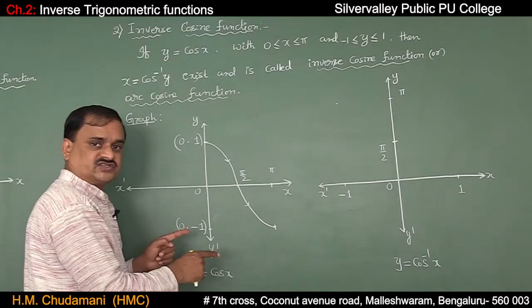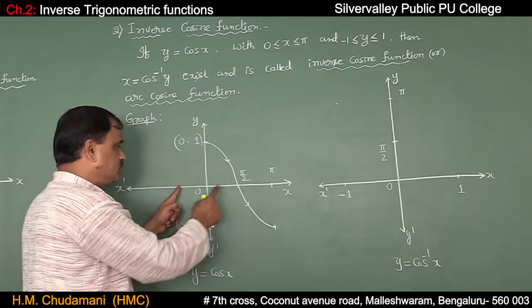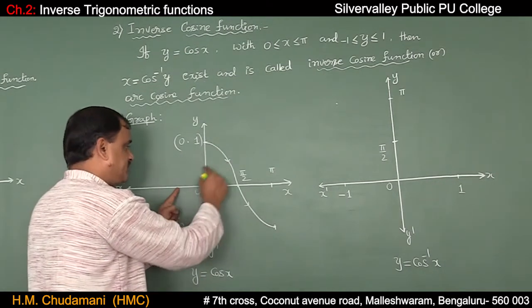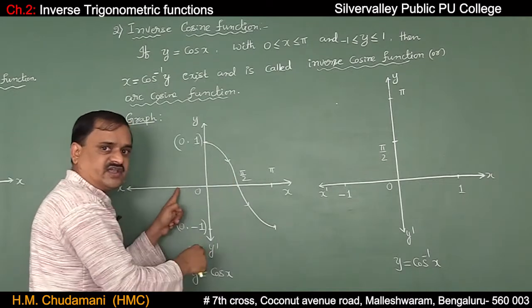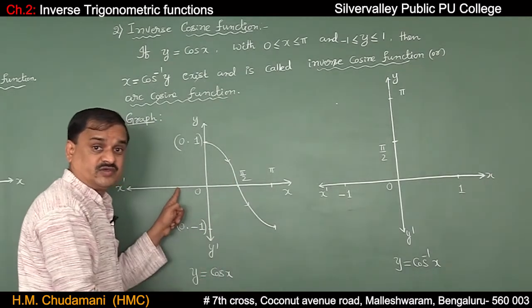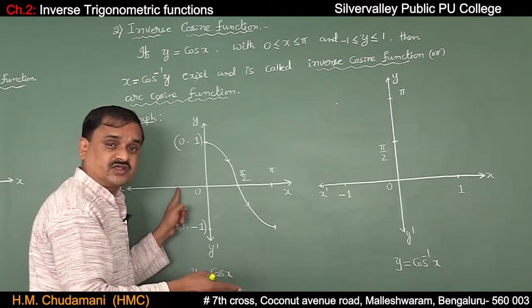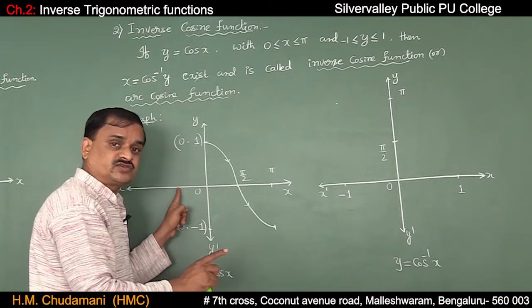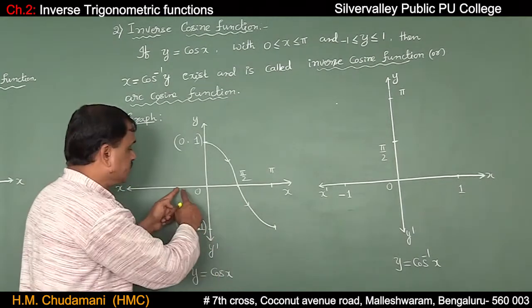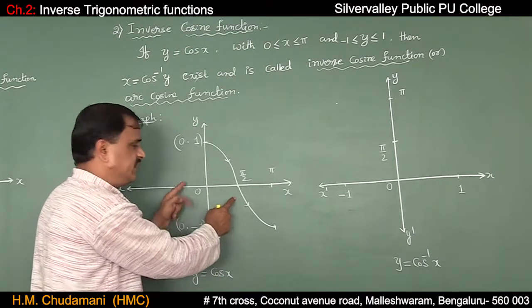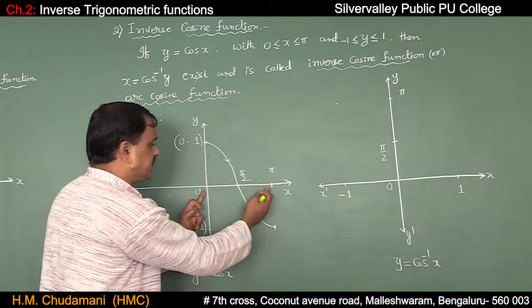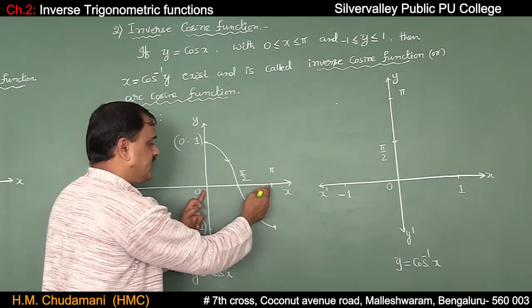For the cosine function, if you take minus pi by 2 to plus pi by 2, it is both increasing and decreasing. In such a case it cannot be one-one, hence it is not bijective. Hence, the inverse of this cosine function does not exist if you take minus pi by 2 to plus pi by 2. That's why you need to take from 0 to pi.